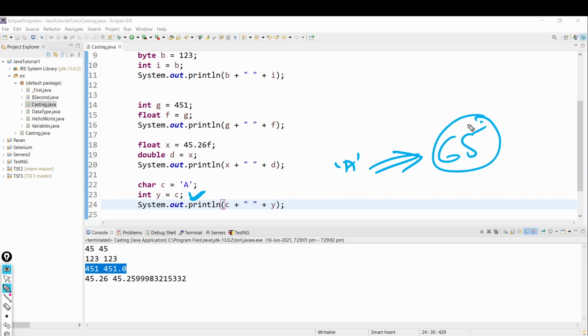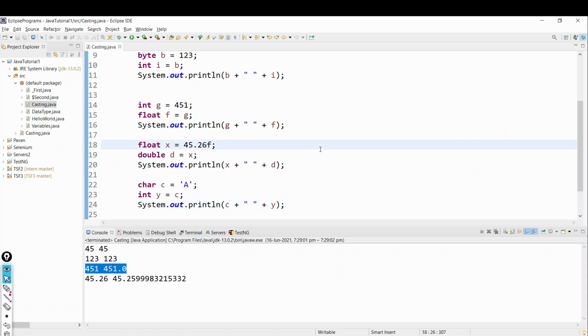Let's see that. If I just print this, see, A space 65, because c is a char and the value of c is A, but y cannot hold a char; it can hold the ASCII value of that respective character.